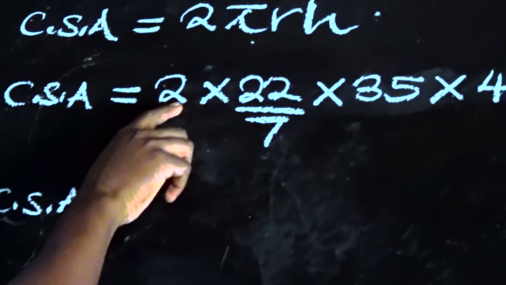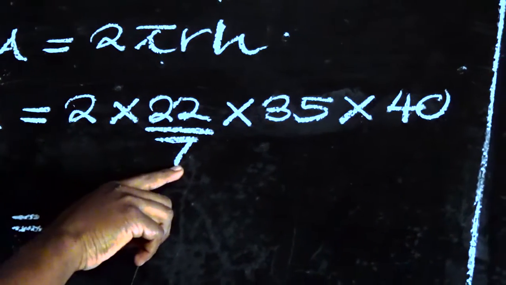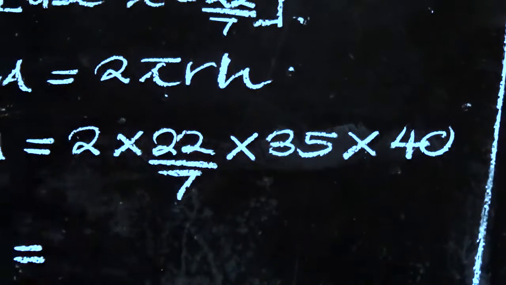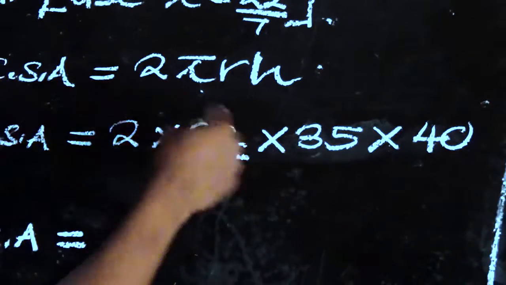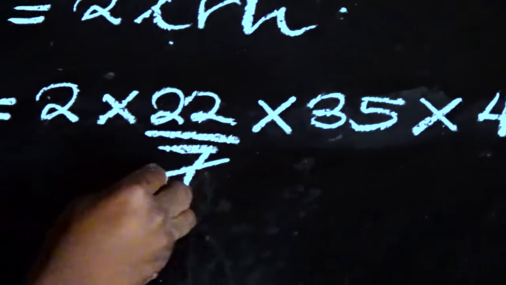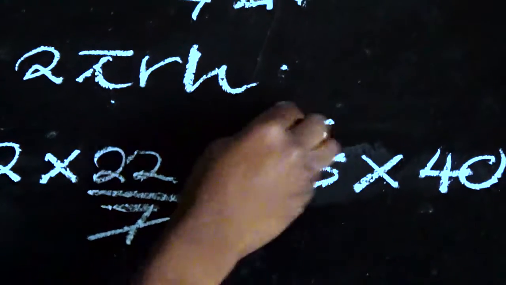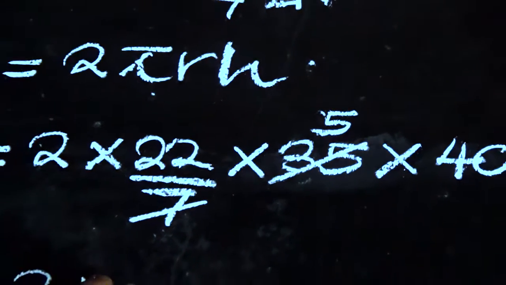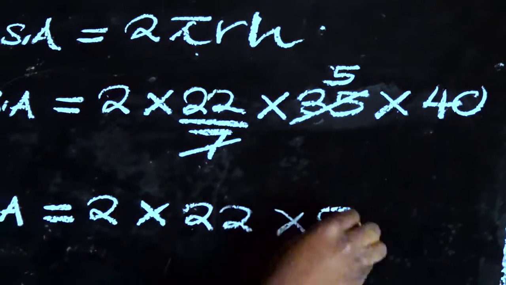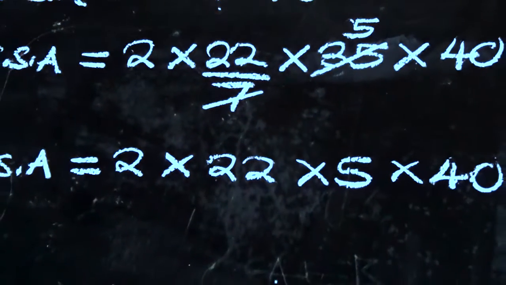Okay? So we move on and say curved surface area is equal to, we can now reduce. 7 is not a factor of 2, 22 or 40, but 7 is a factor of 35. Meaning 7 can go into 35 without leaving a remainder. So 7 into 35, you get 5. Very good. So we have 2 times 22 times 5 times 40. Are we together?